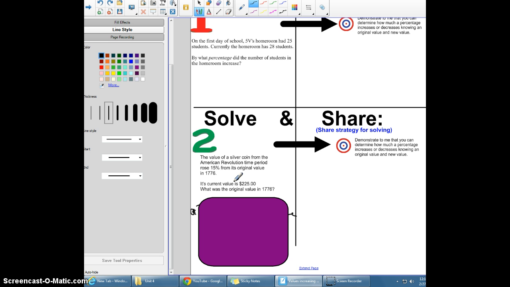Now that's not easy. That's complicated stuff, let me tell you. And I have not yet modeled a strategy explicitly to you in class. Very few of you were able to solve this type of problem. I don't feel like you're ready to be assessed on it.